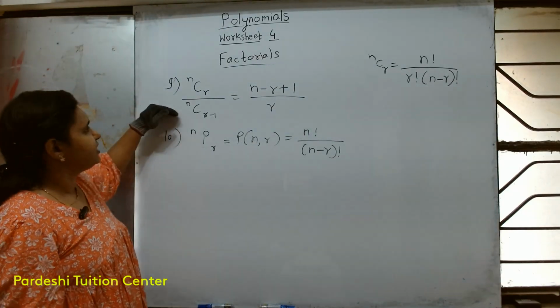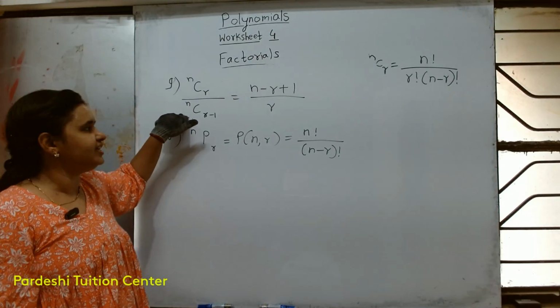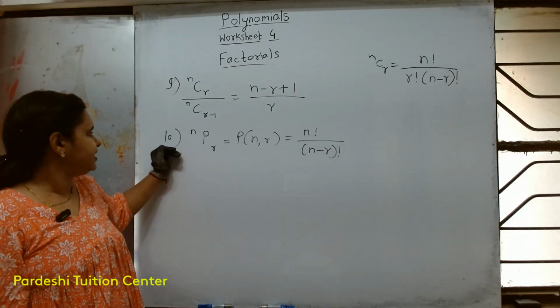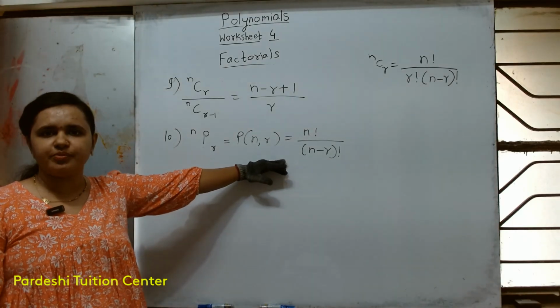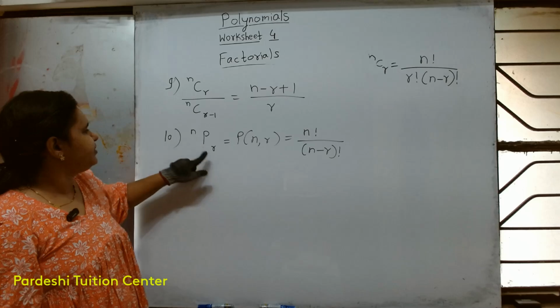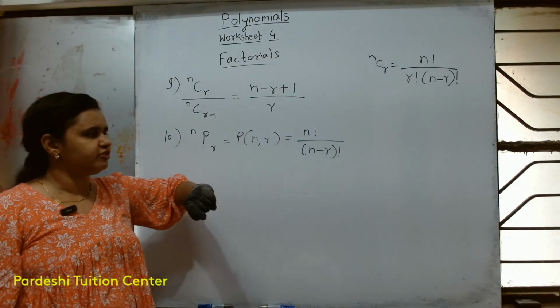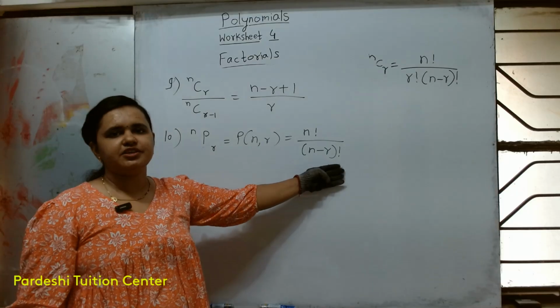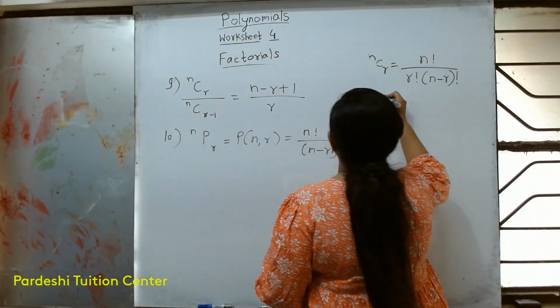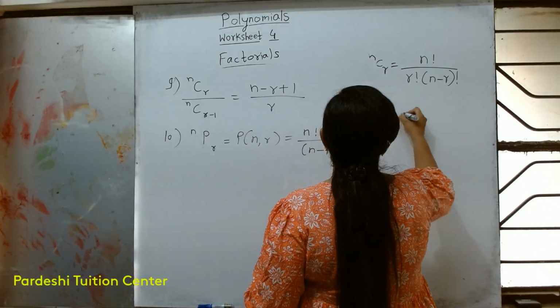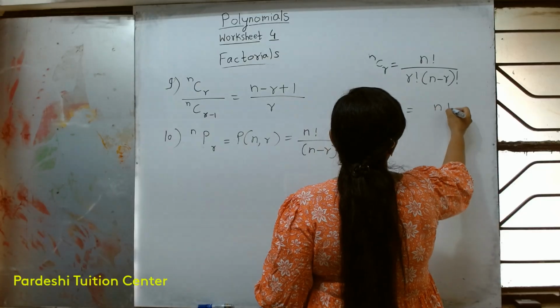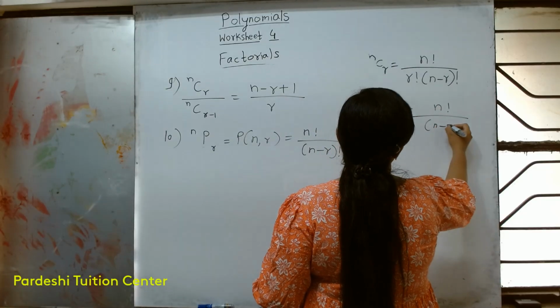Up to the 9th we have seen the formulas for combination, and now from 10 we are seeing the formulas for permutation. So I can write it here, nPr equals n factorial upon (n minus r) factorial.